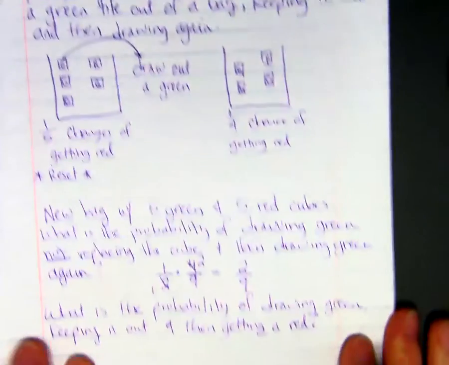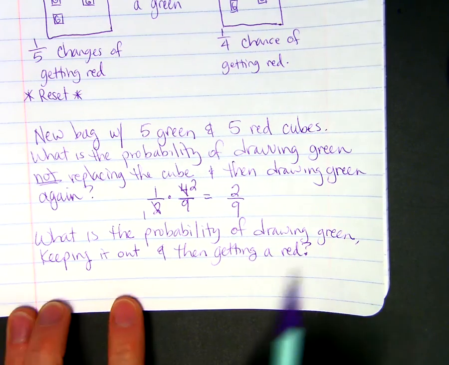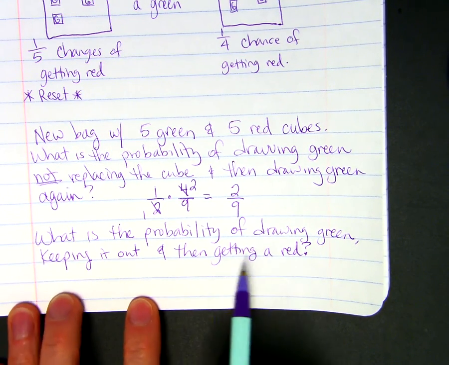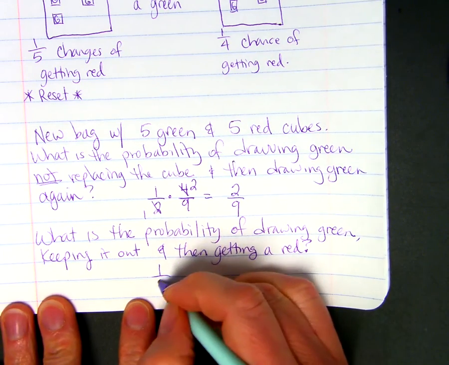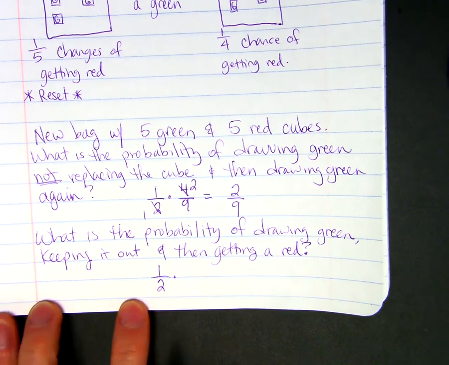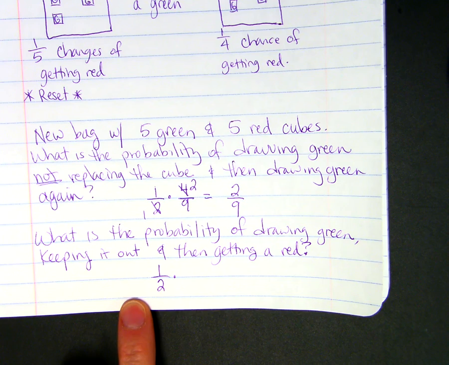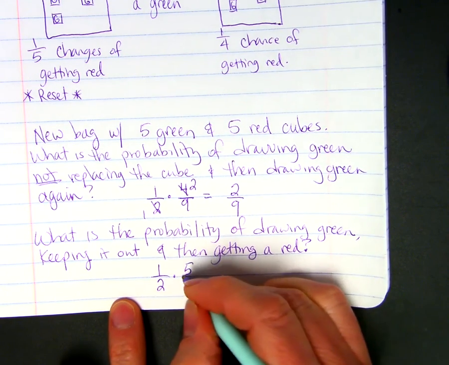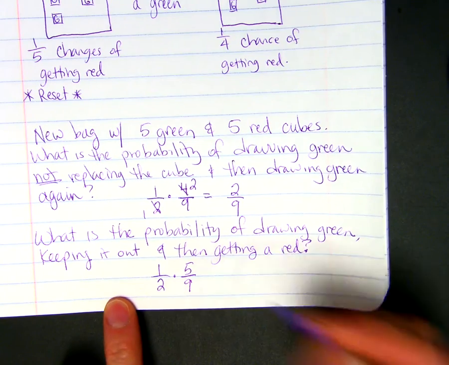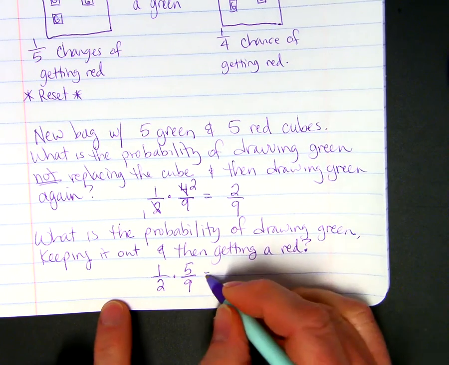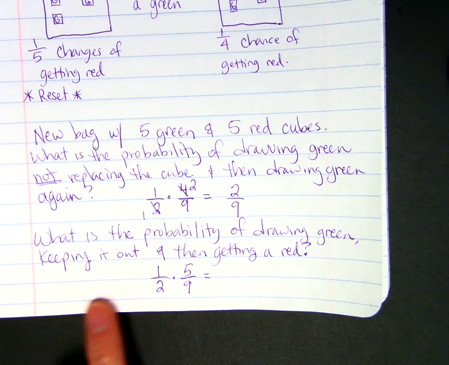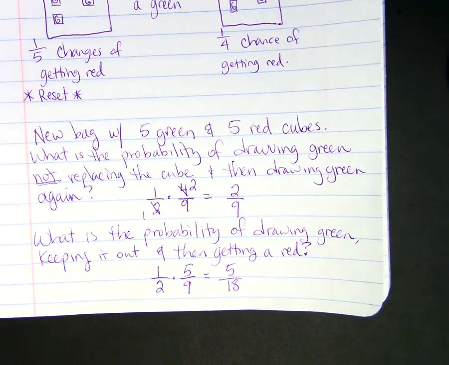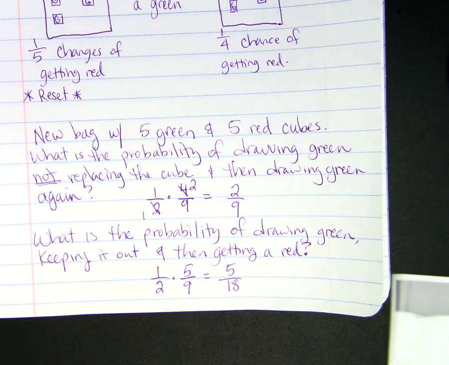So we start with the first probability of drawing a green. With the bag of 5 green and 5 red, it's going to be 1/2. And we take out the green, and what's the probability of drawing red? Well, there's still 5 red in there, but there's no longer 10 cubes, there's only 9. So the probability of drawing a green and then a red is 5 out of 18. And that's the end of the lesson.